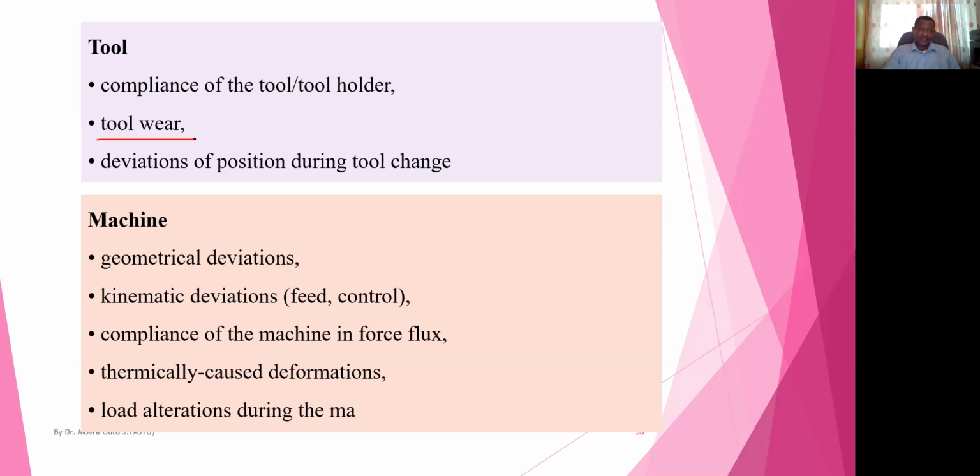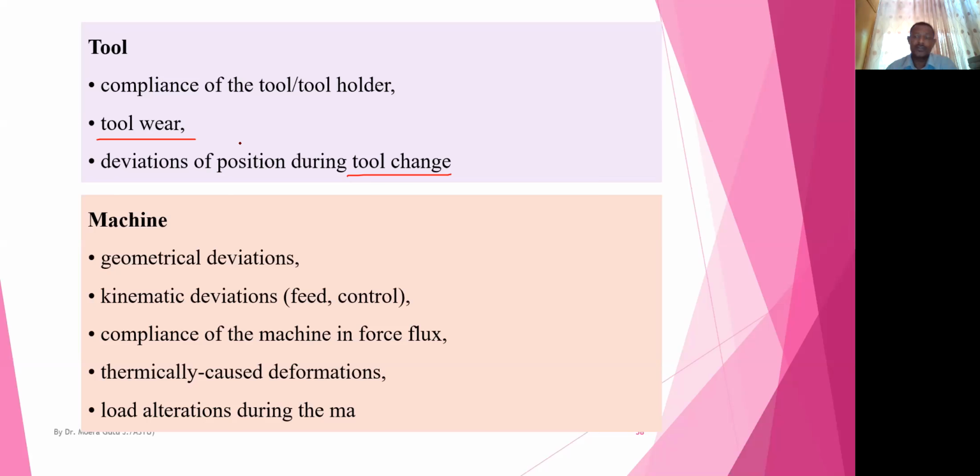It can affect the deviations of position during tool changes. Okay, the deviation of position during tool changes. Also, when you change a cutting tool with a new cutting tool after a tool is damaged, the accuracy level of changing your cutting tool also determines the form errors or dimensional errors.